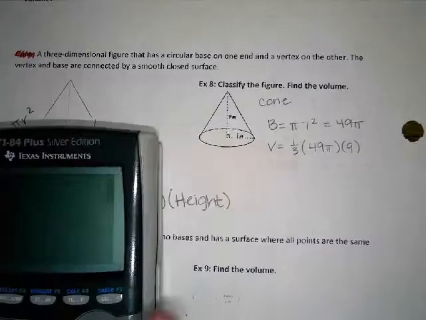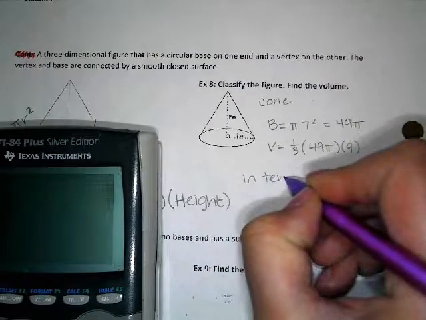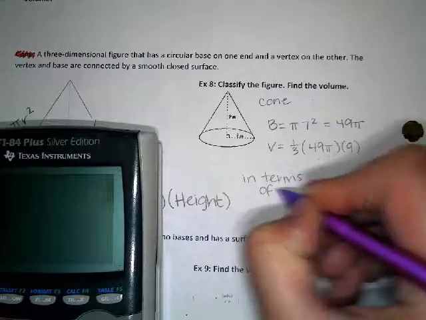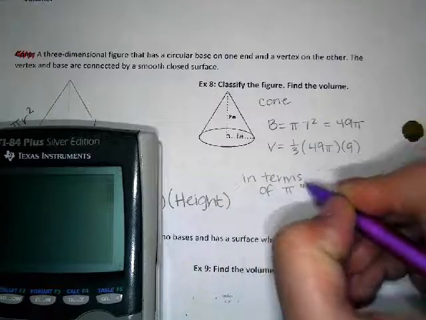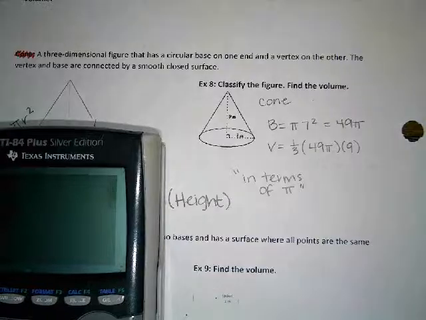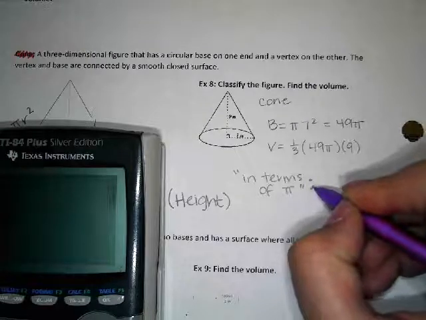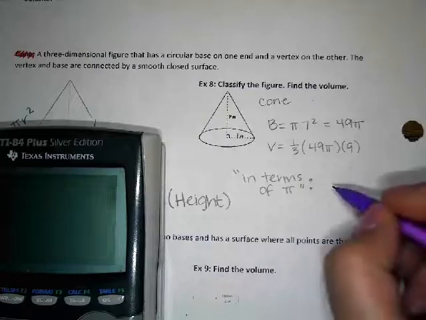So I'm going to write this in terms of pi. I want you guys all to write this on your papers. In terms of pi. They're all gone? I'm sorry. Just write it on notebook paper and then I'll make you a copy as soon as I can.